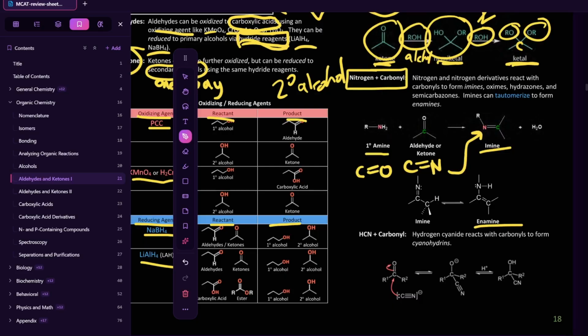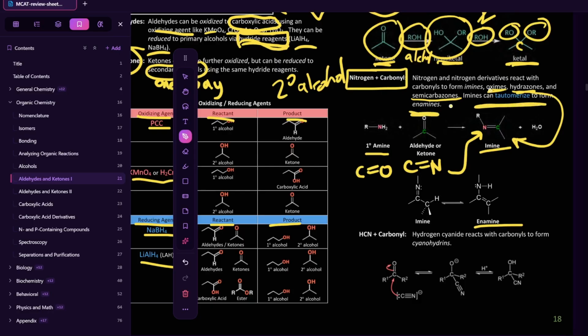The same basic chemistry with slightly different nitrogen-containing reagents also gives you oximes, hydrazones, and semicarbazones. All right, so they're all kind of like cousins of imines here anyway. So they're all similar.